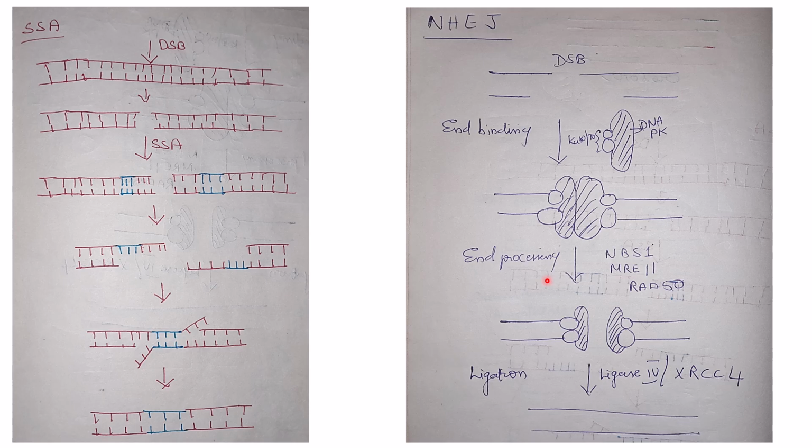So because there is involvement of insertions and deletions during this end processing in the non-homologous end joining repair mechanism, this is an error prone mechanism of double-stranded break repair. So the one which is not an error prone mechanism is your gene conversion. The other two are error prone mechanisms. Now come back to the question.